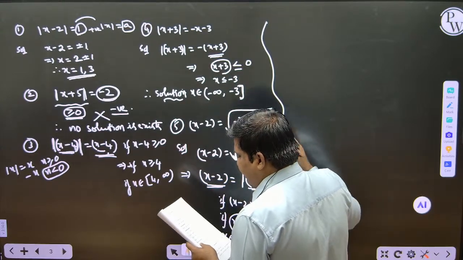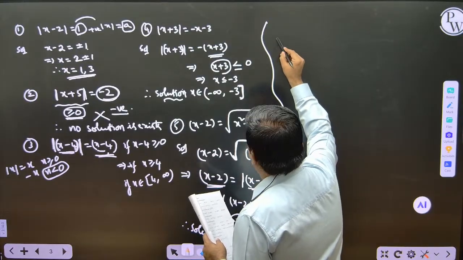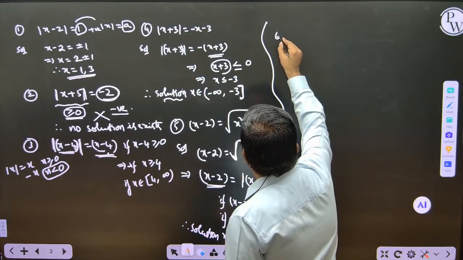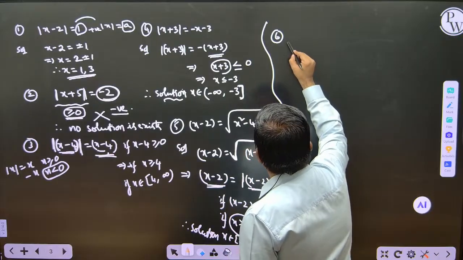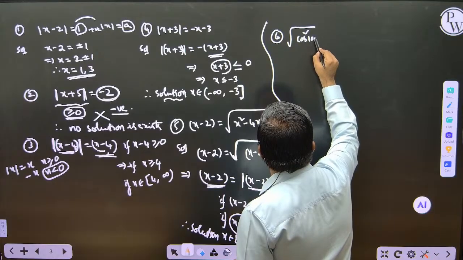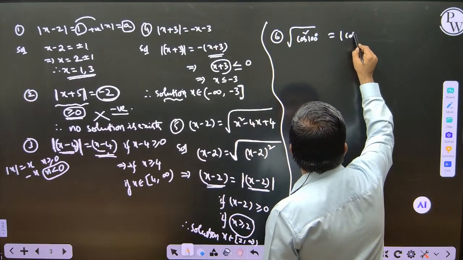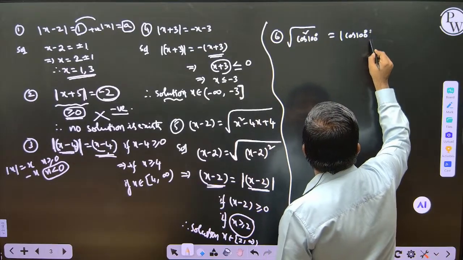Now next, see, the sixth one is root of cos square of 100 degrees. So it can be written as modulus of cos 100 degrees. Why?